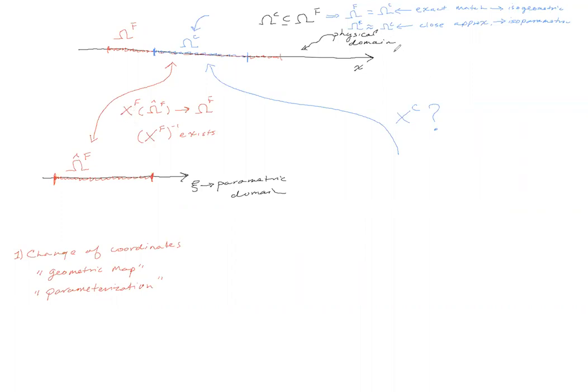So we could write that like omega, well, let's just do it this way. But it's good to distinguish between the two because they're not the same thing, right? So you could say that x sub f is equal to x sub c.